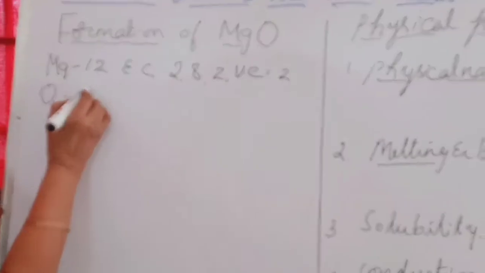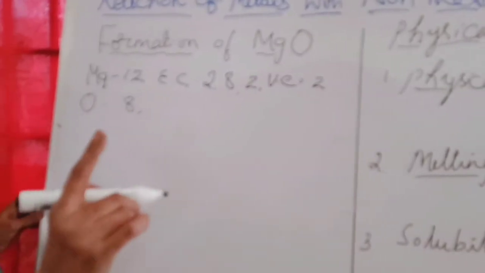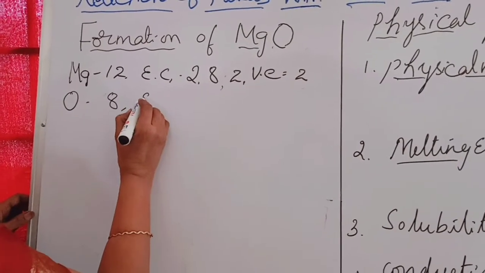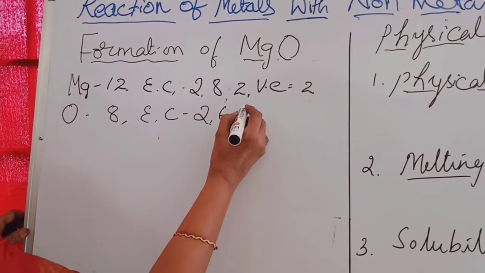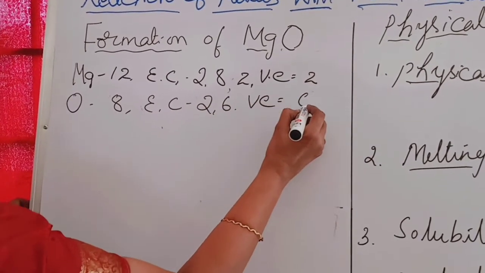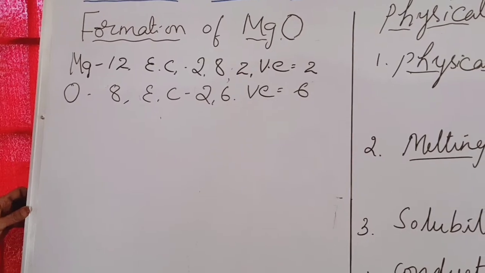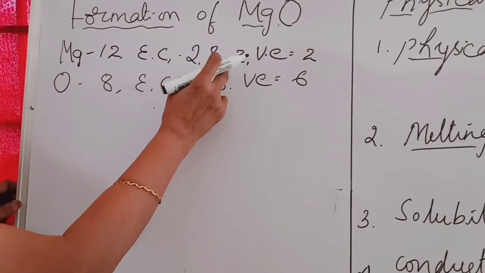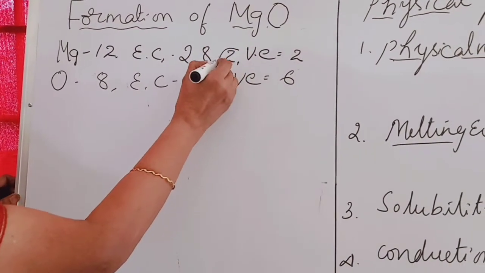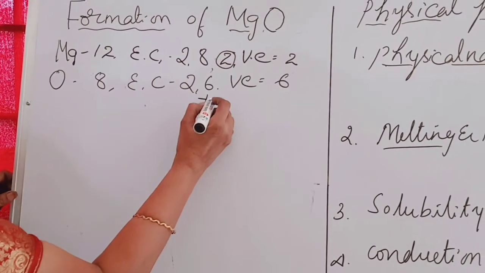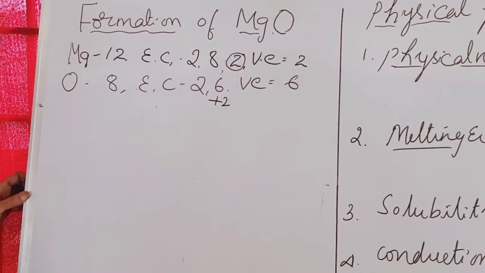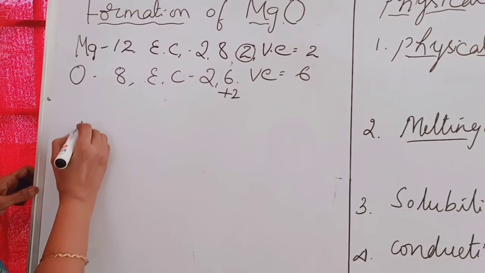What is the atomic number of oxygen? 8. Good. Electronic configuration, 2, 6. What is the valence electron? 6. How does it become octet? By gaining 2 electrons. So, Mg.